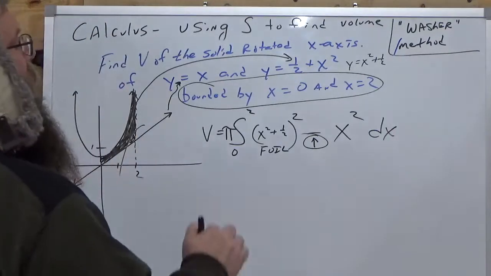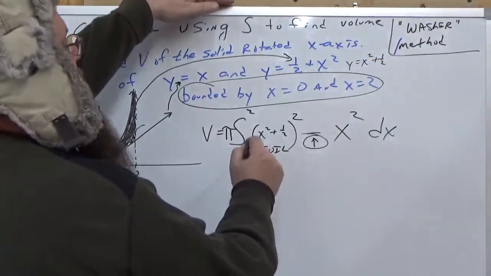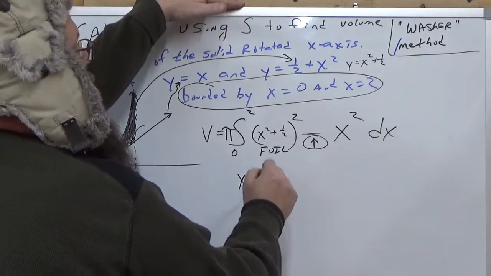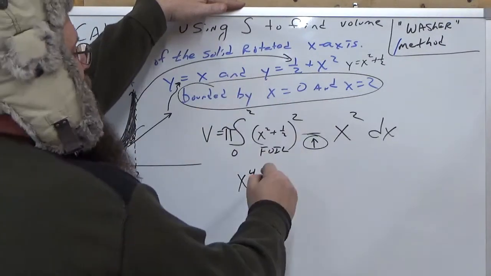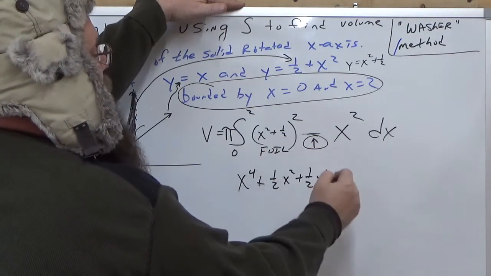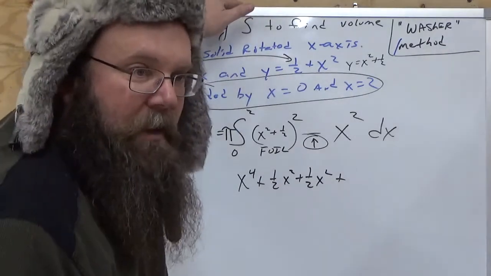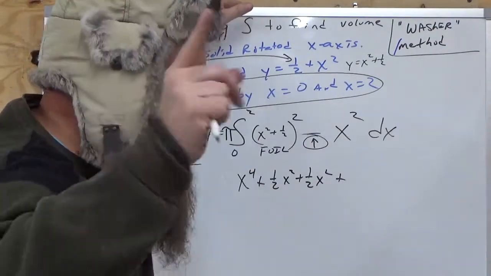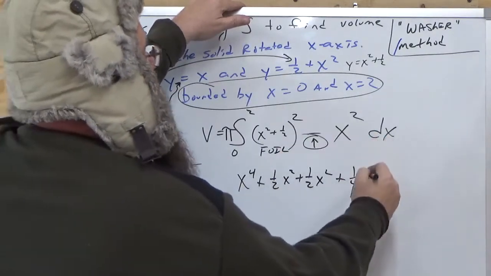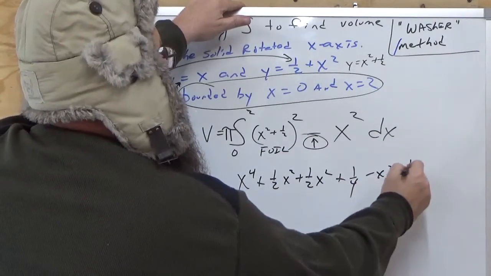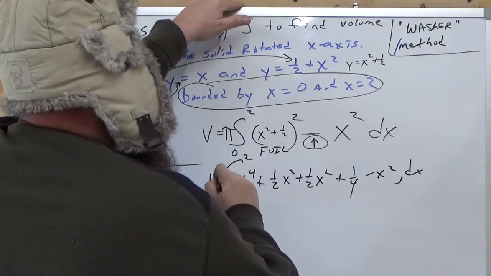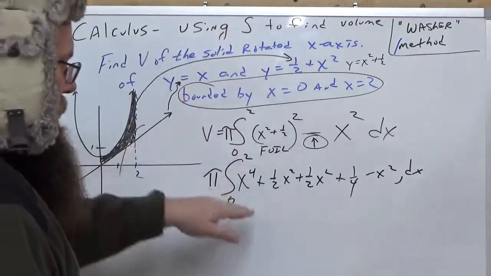So let's start. Let's simplify first. Let's FOIL x squared times x squared, x to the fourth. Then 1/2 x squared plus 1/2 x squared, plus, what's a half times a half? It's a quarter. What's over here? Minus x squared. We haven't taken the integral yet. Can we simplify that?